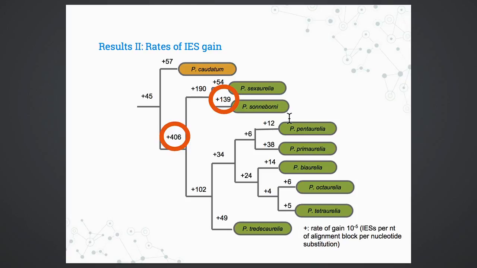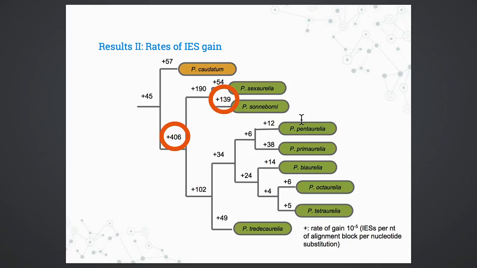We have time for another question. Diamantis, it's very tempting to relate the wave of insertions that you had after the divergence with Caudatum with the whole genome duplications that occurred at that point. So I'm wondering whether whole genome duplications can provide an opportunity for more IS insertions. Then we would wonder whether something similar happened in the branch that leads to sonneborni, for instance.